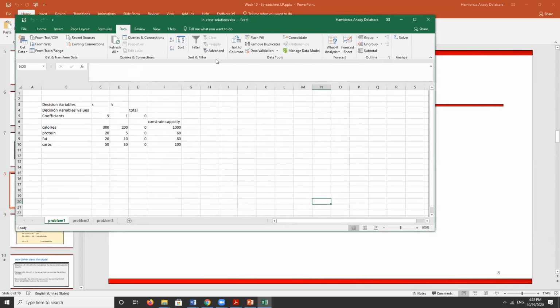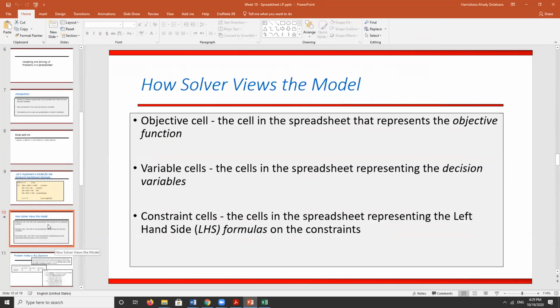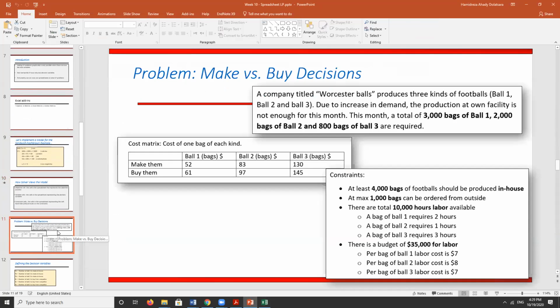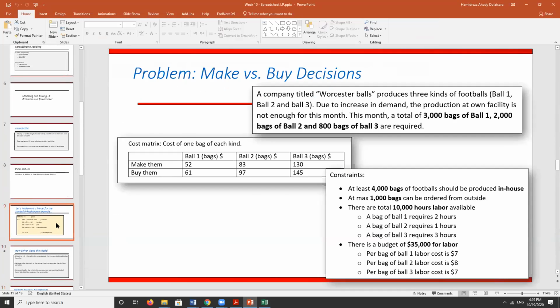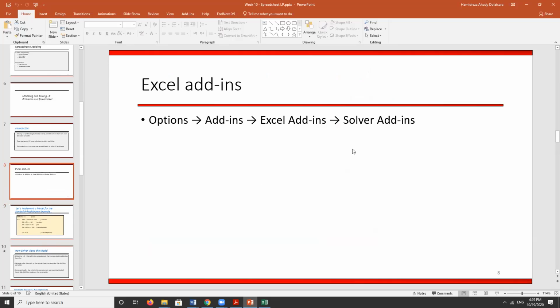So basically, Solver is the Excel add-in that helps us solve linear programming problems through Excel. I put the steps in your slide.